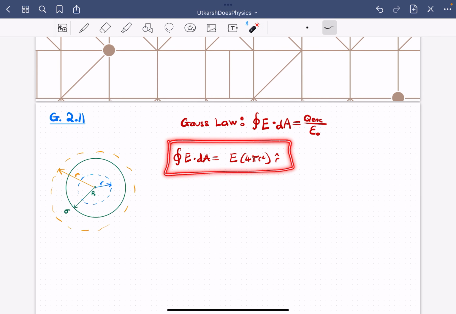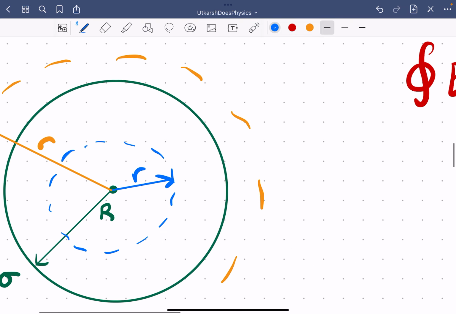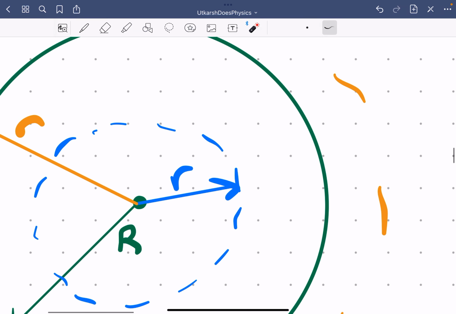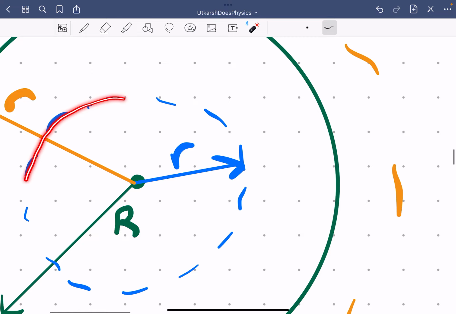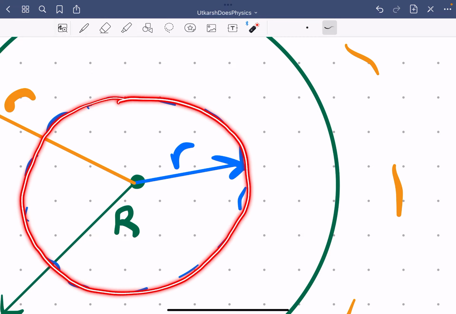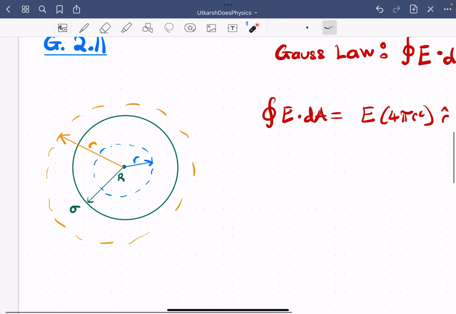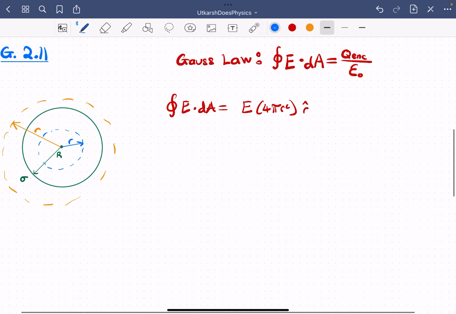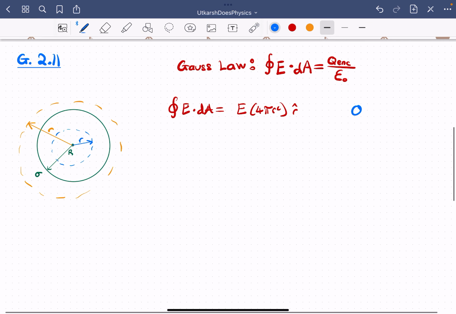Now we're going to try and compute the value of the enclosed charge. So first, looking at the blue case, we're looking at inside. If we zoom in and ignore the spherical shell here, there's actually no charge enclosed inside this big circle. So since there's nothing inside that circle, the charge enclosed is 0.